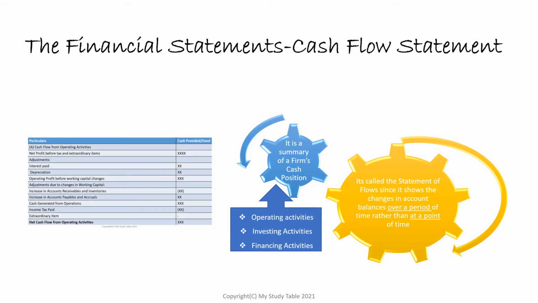A positive net income is ultimately insignificant unless the firm can translate this earnings into cash. The statement is called the statement of flows because it shows changes over time rather than the absolute amount of accounts at a point of time.